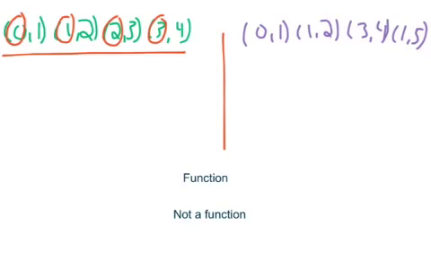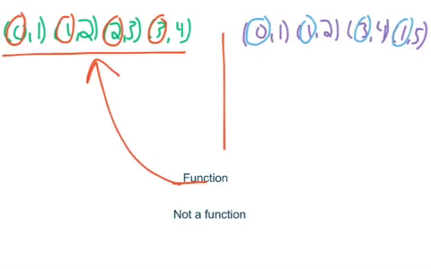No. And since they are not repeating, these ordered pairs would be a function. Now if we look over here at my x values, I have a 0, a 1, a 3, and a 1. Ding, ding, ding. The 1 is repeating more than one time. Since it's repeating more than once, this set of values is not a function.